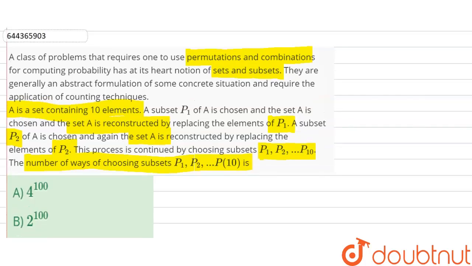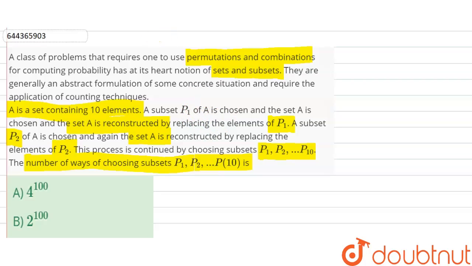So in the question they have said that A contains 10 elements. If a subset P1 of A is chosen, then the set A is reconstructed again by replacing the elements with P1.